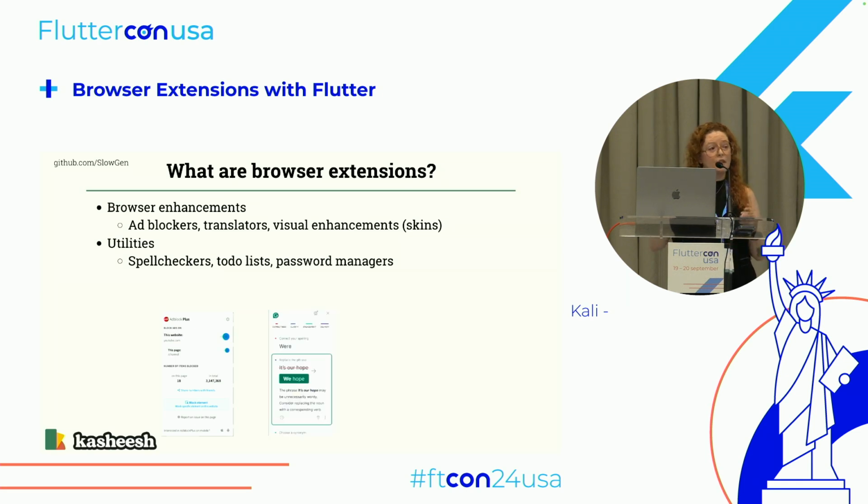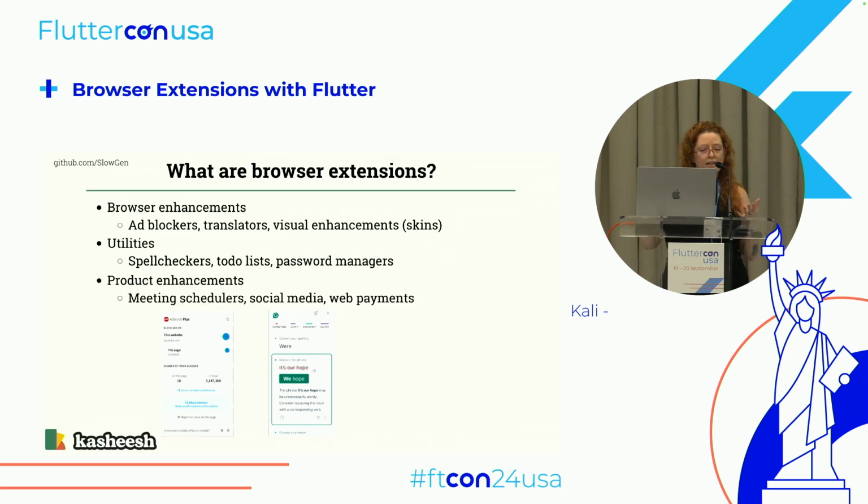Example of that would be like Grammarly, helps you with spell checking, AI writing, and actually injects different visuals into the browser. And then finally, product enhancements. Zoom has a great one where you can schedule meetings on the fly using your extension. And my company has our extension in which we manage web payments.